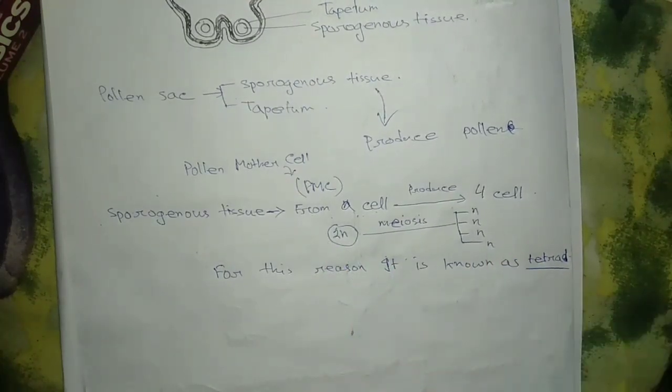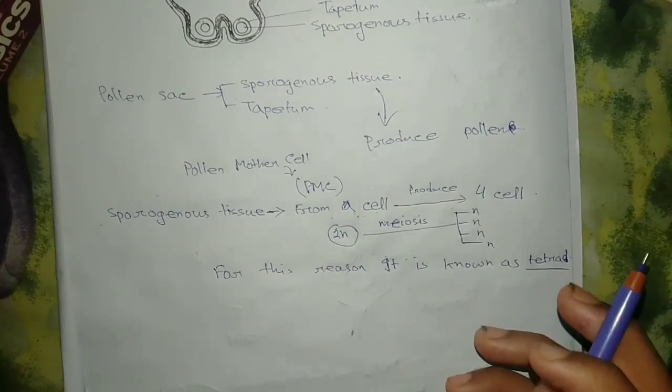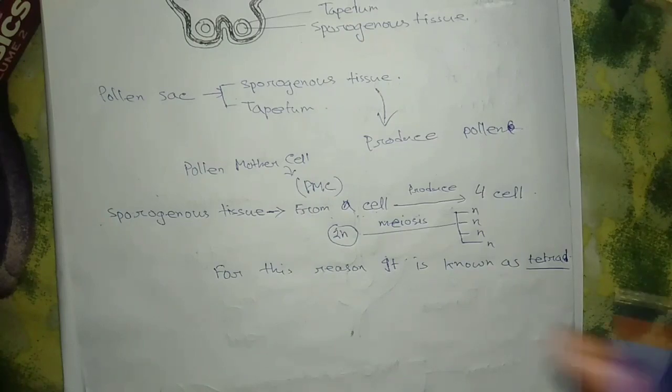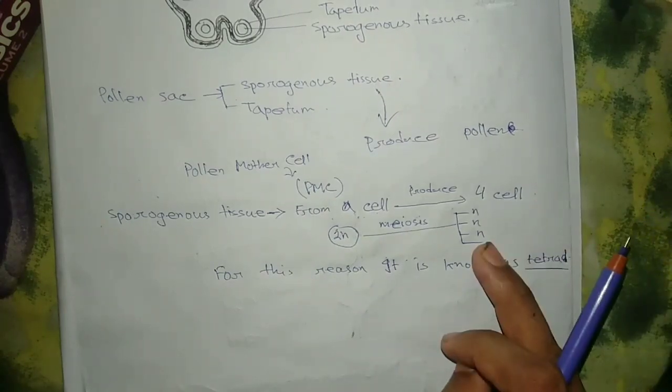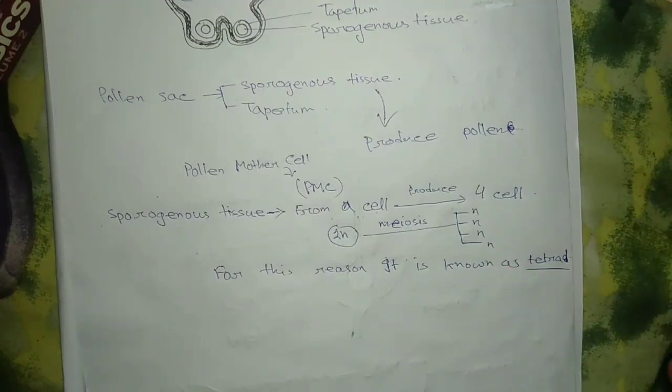From 2n to 4n, this process is by meiosis. In this way, four cells are produced, which helps to produce pollen. It is the process.